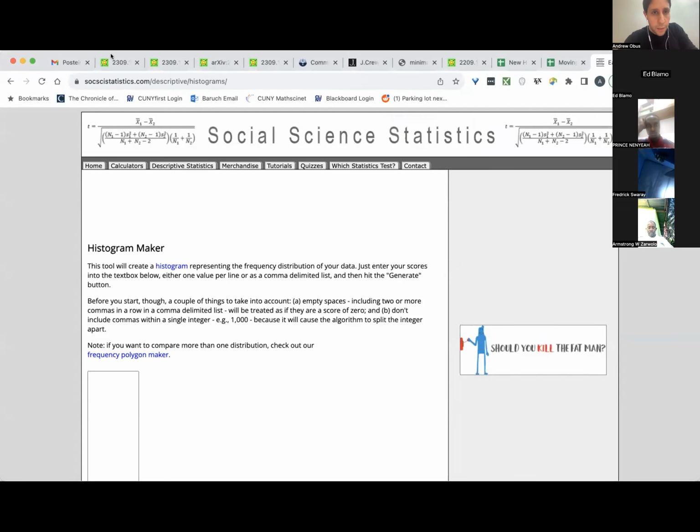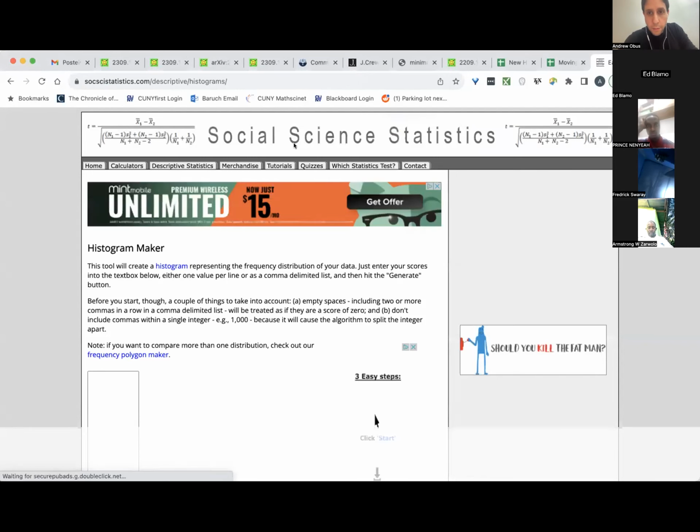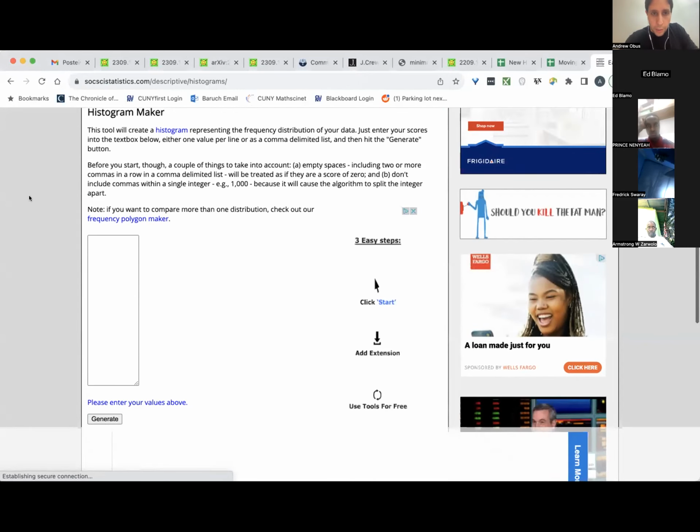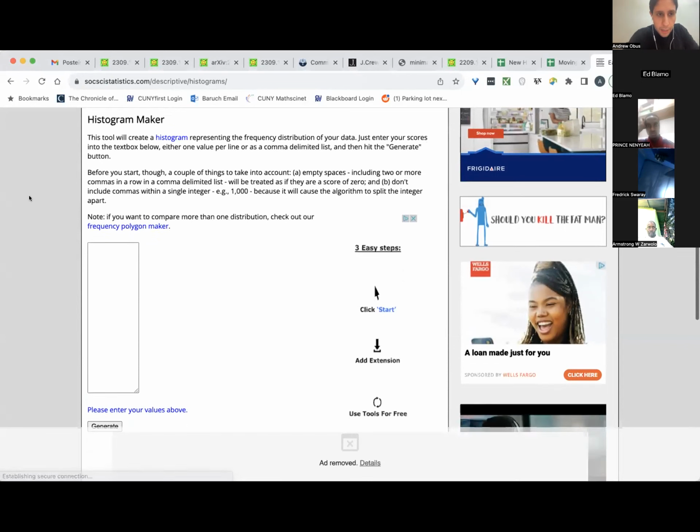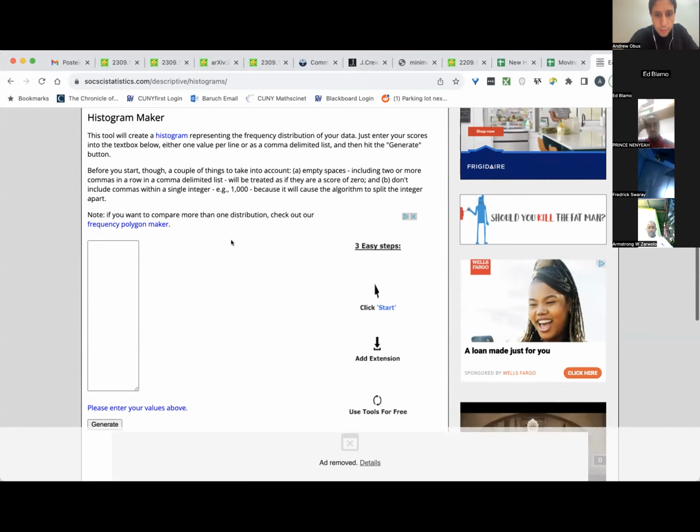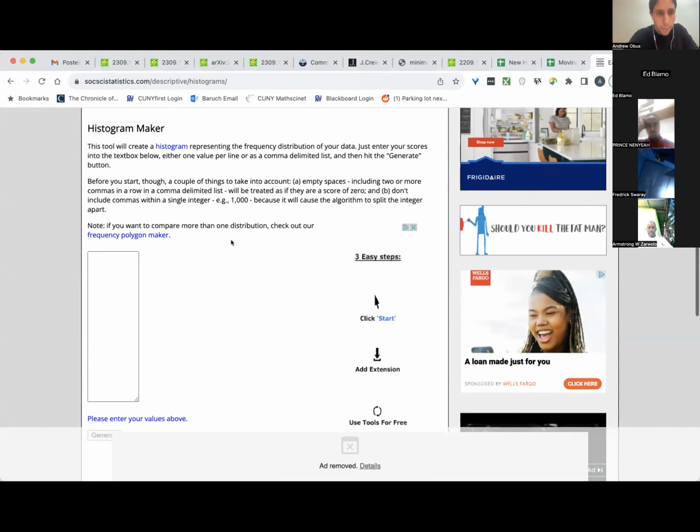Can people see the histogram maker on this website? Is that okay? Yeah. Okay, good.